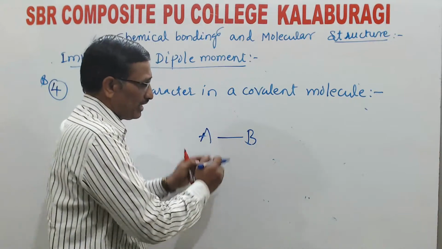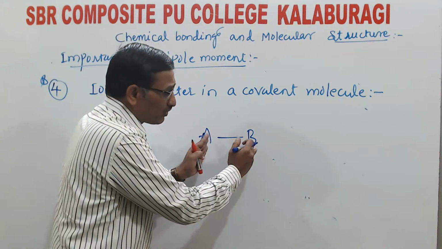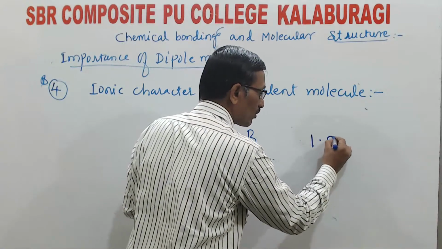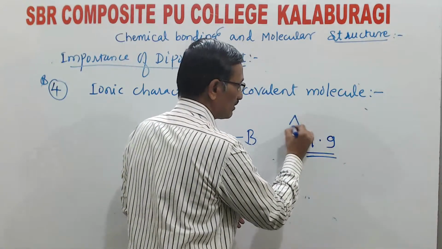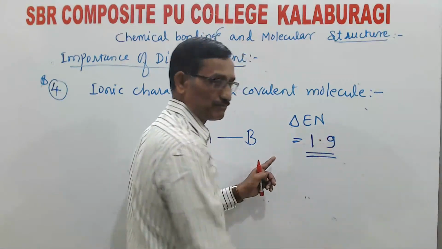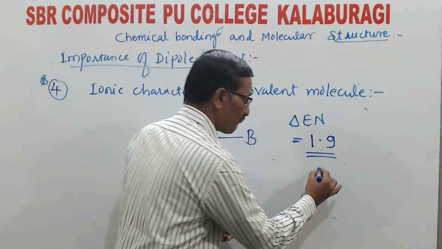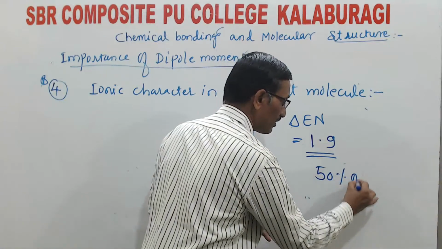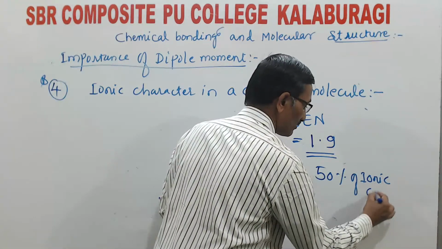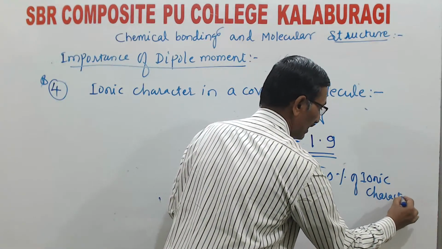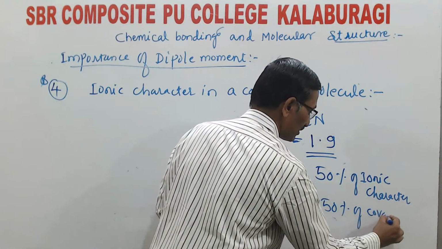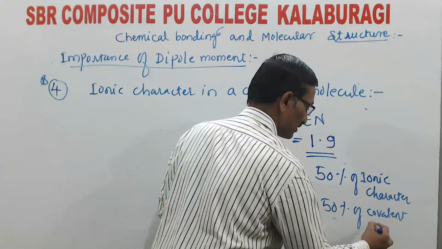Here, the difference in their electronegativity value between the two combining atoms, if it is exactly 1.9, what we come across is 50% ionic character and 50% covalent character.